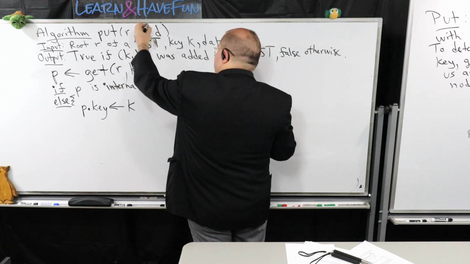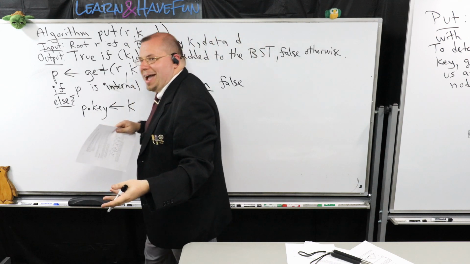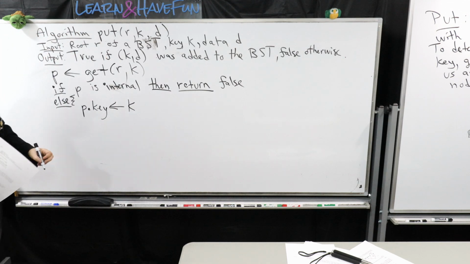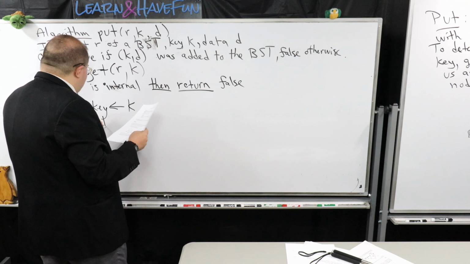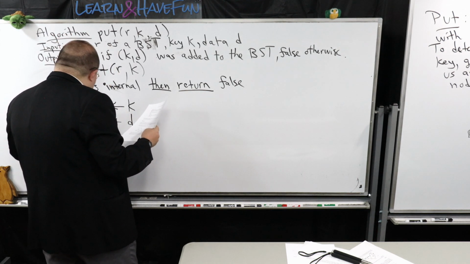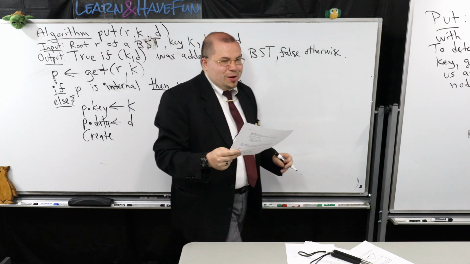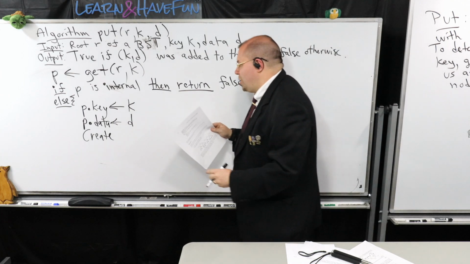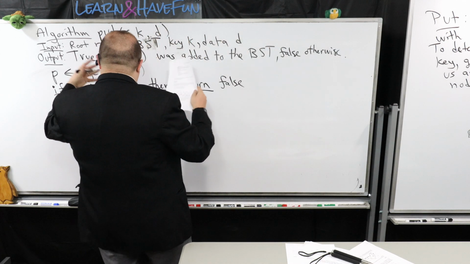I'm going to update the data attribute of the node. I'm just writing this explicitly with keys and data, but the point is this is where you would update the data attribute of your node, updating the key and the data of the given record.